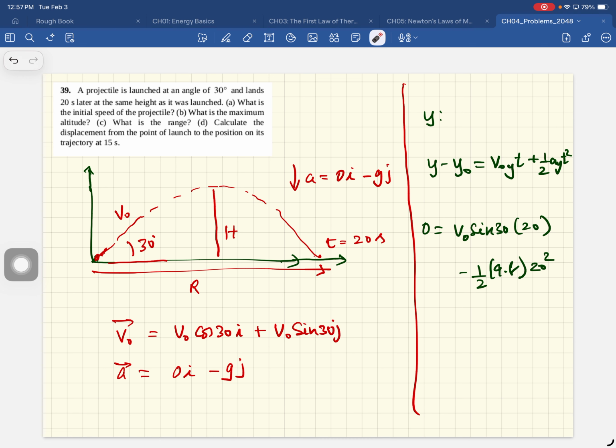So you see from the y motion, we are able to calculate the speed. That's the only unknown. Okay. So let's do that. So 0 equal to 10 minus 4.